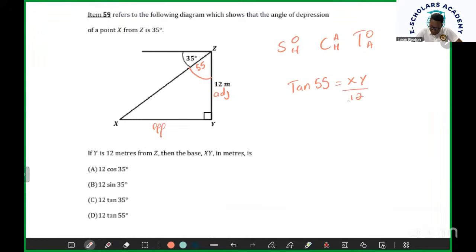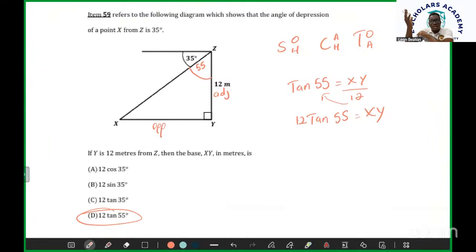To find XY, we take the 12 over, so the 12 multiplies the tan 55, and we have 12 tan 55 is equal to XY. So D is the answer there. At times, depending on the reference angle, that will determine what is the opposite and what is the adjacent.